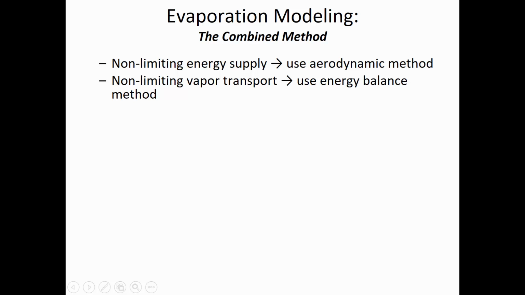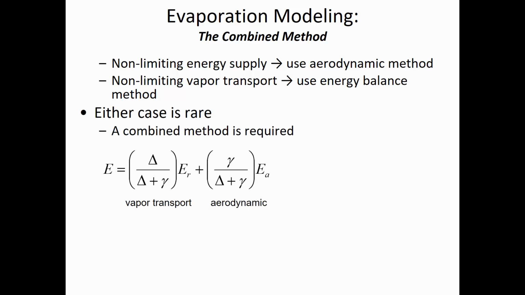But these two methods that we've just been using so far, the energy balance method assumed that you had unlimited transport, and the aerodynamic method assumes you have unlimited energy, and neither is actually true. And so this combined method is kind of a weighted average for accounting for the limitations of each.